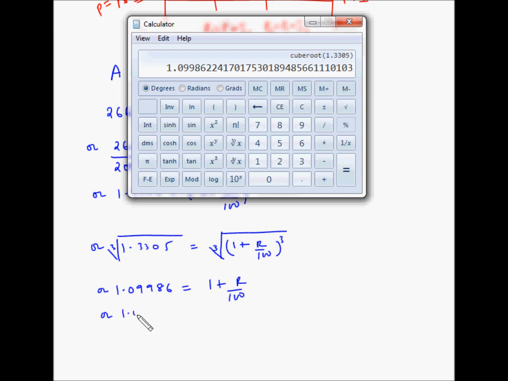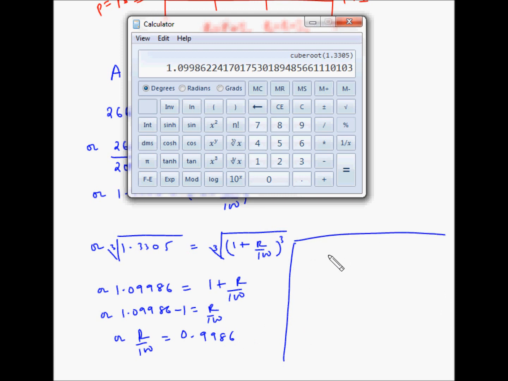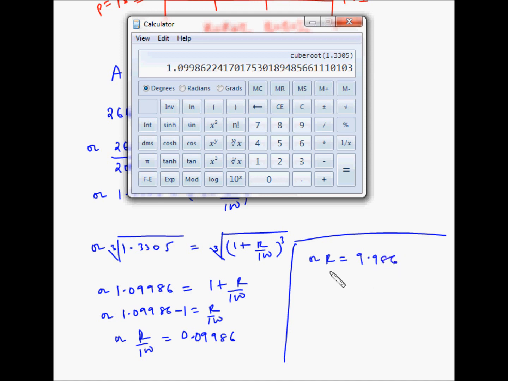So it will become 1.09986 minus 1 is equal to R by 100, or R by 100 is equal to 0.09986. So R is equal to, we'll multiply this number by 100, so we can take the decimal two places to the right, so it becomes 9.986. So R is equal to 9.986. So this is the rate percent per annum.